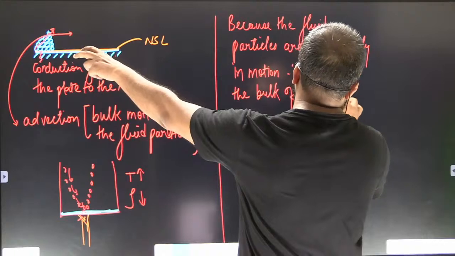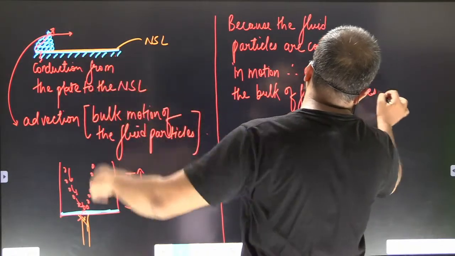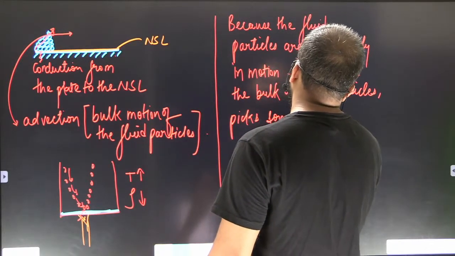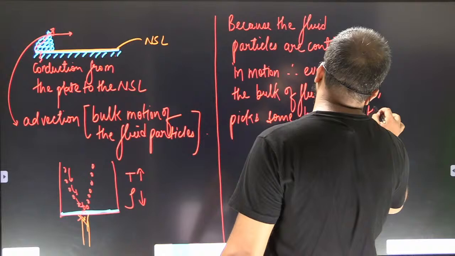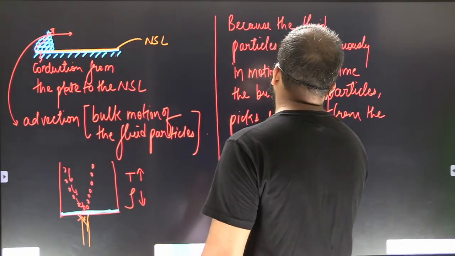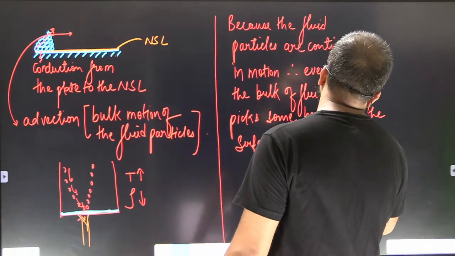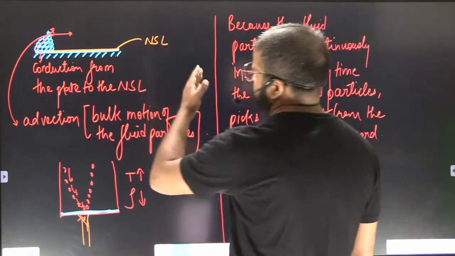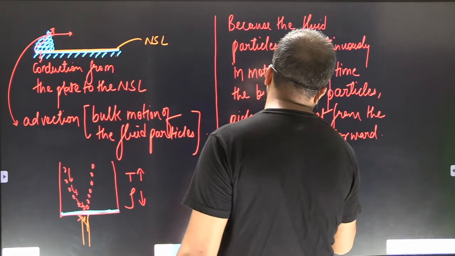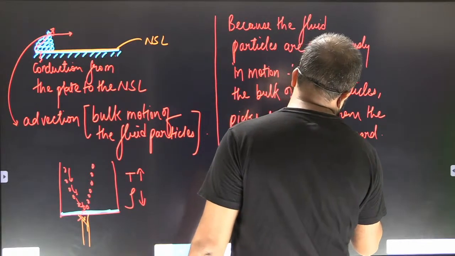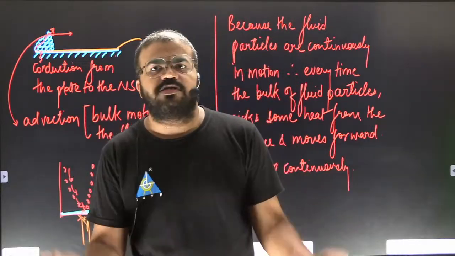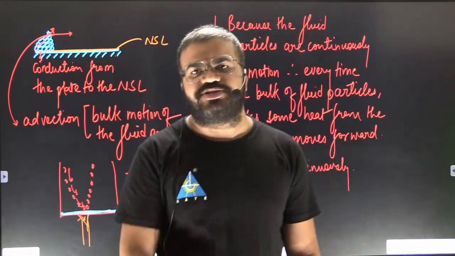This chunk of fluid particles picks up some heat from the surface, and moves forward. Okay? And then it moves forward. This repeats continuously, on a continuous basis. Simple. That, my dear students, is your convection.